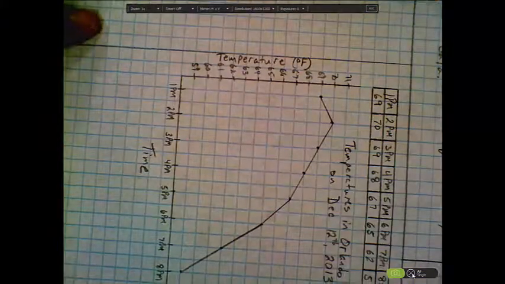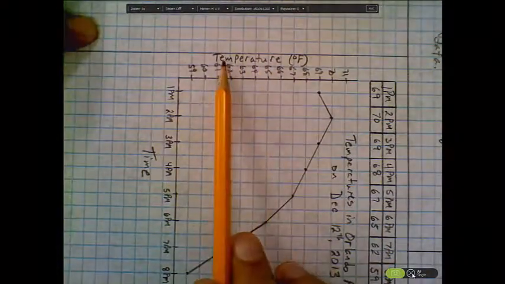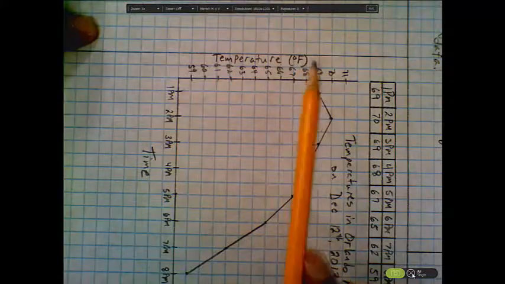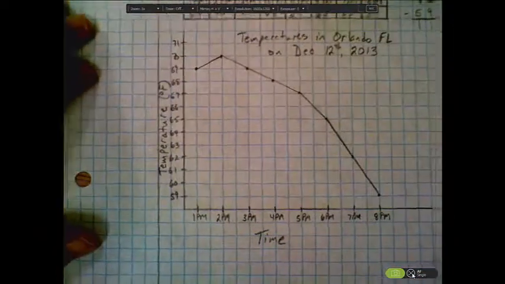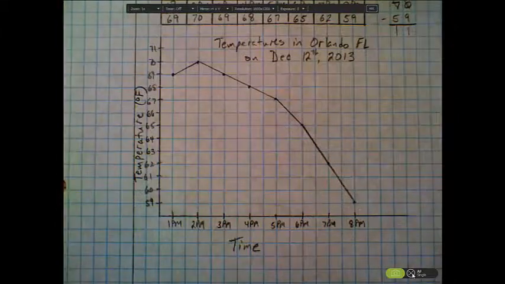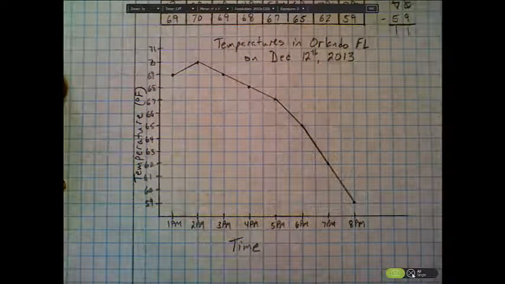All right. So we want to make sure that when we have a measurement, we show the units that we used in order to take that measurement. So here's our completed graph for our temperatures in Orlando, Florida on December 12th.